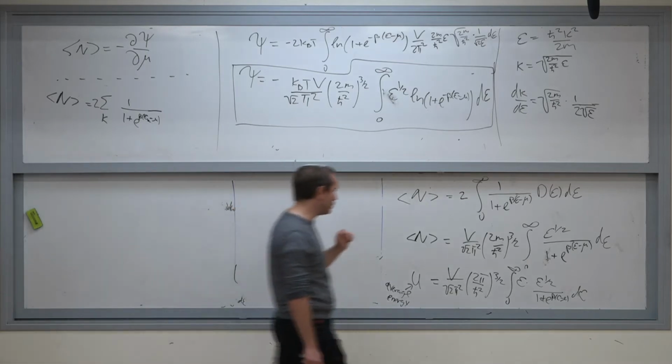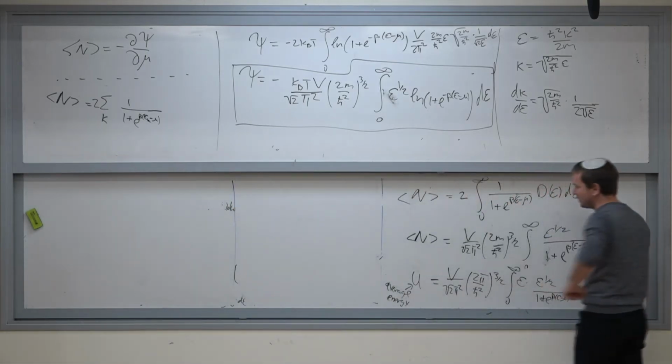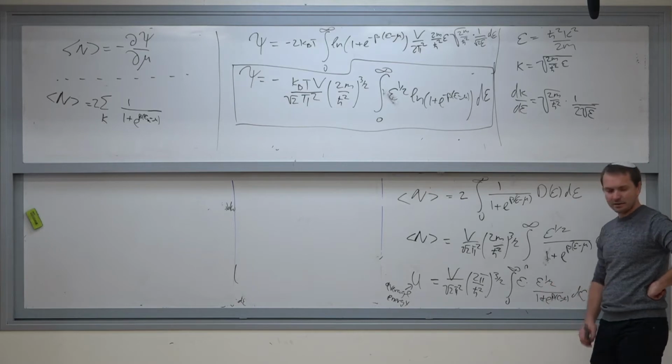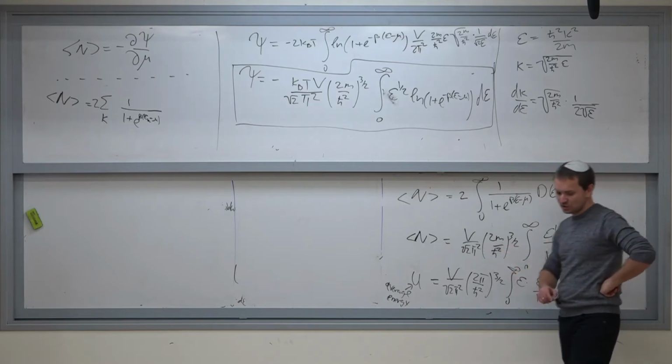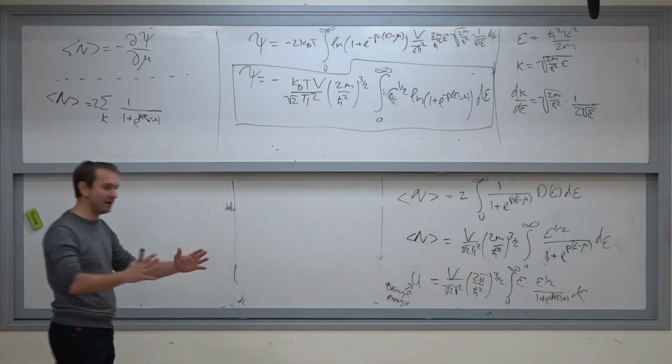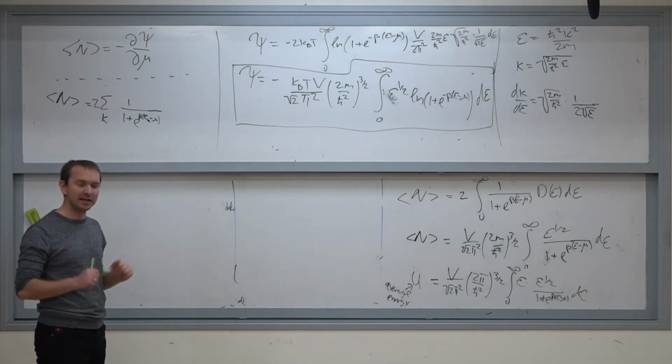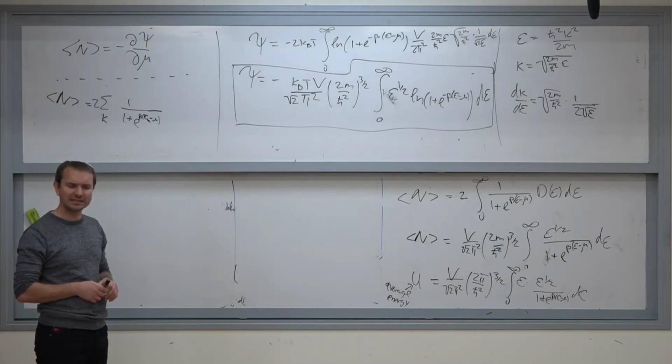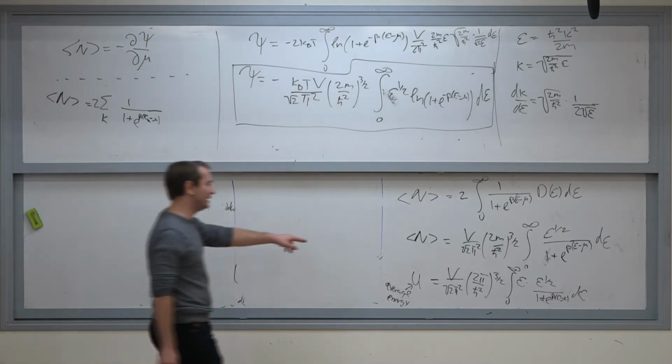Okay? So what are we going to do next? We're going to say, well, we know the average energy, we know the average number of particles. Because I have a metal, I know what is the density of the molecules inside, what is the electronic density inside. I know what n is.